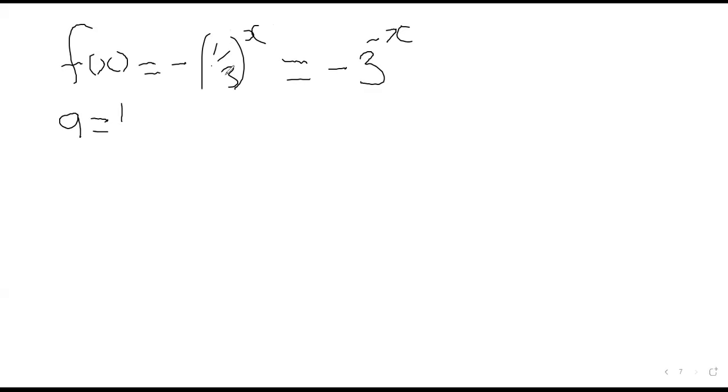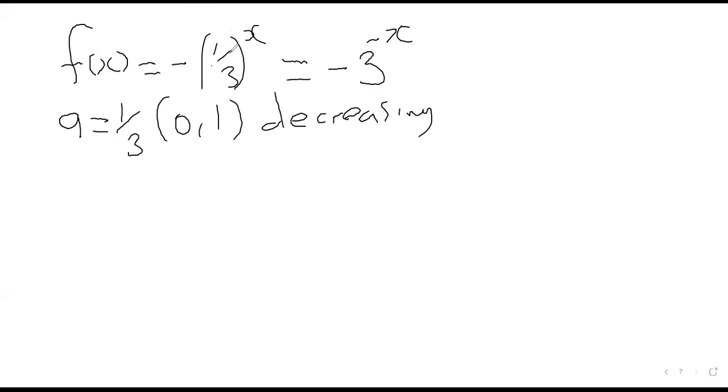So the value of a is 1/3, and it's actually between 0 and 1. So the function here is a decreasing function. Now, number 2, is it going to be above or below the horizontal asymptote?